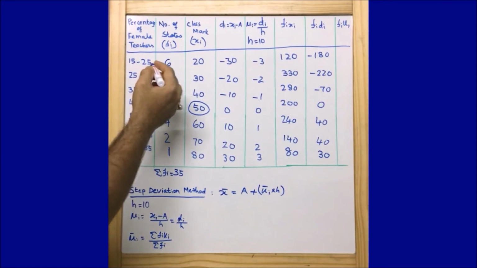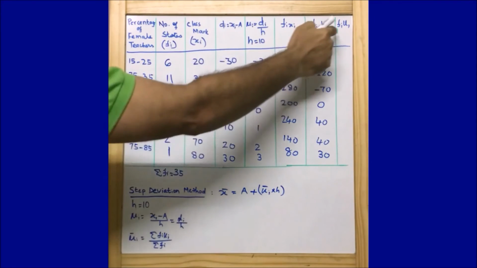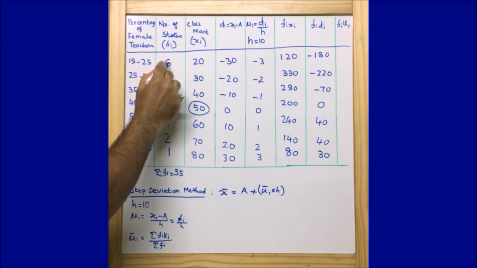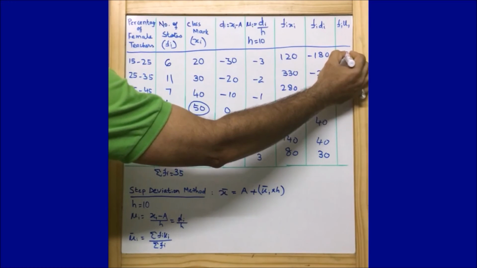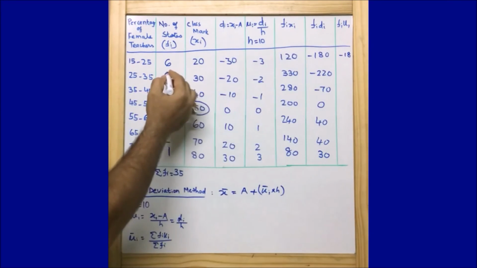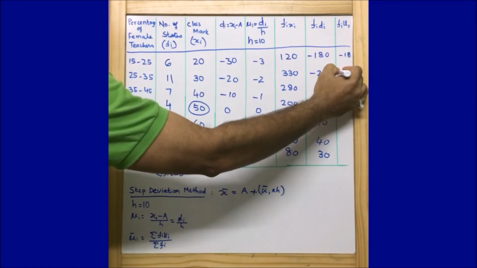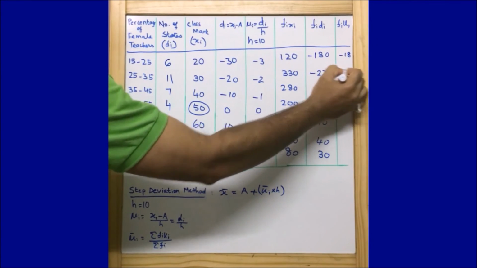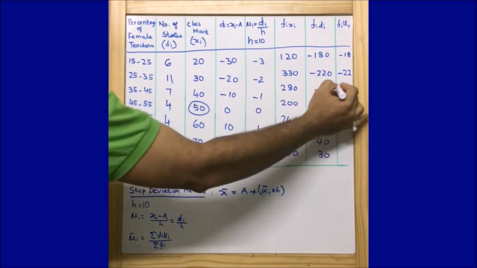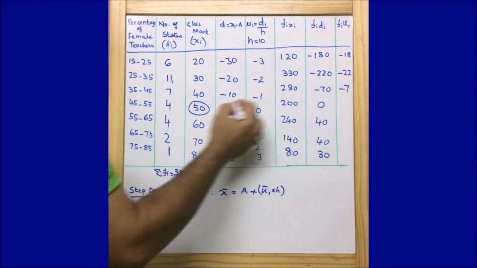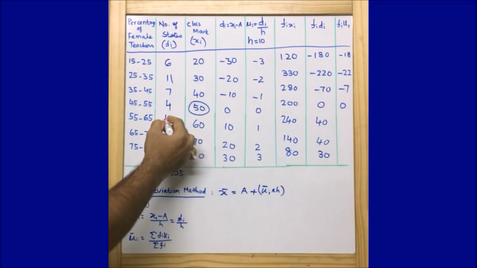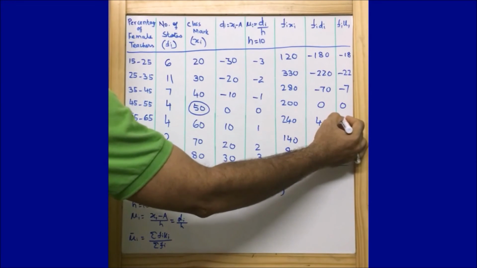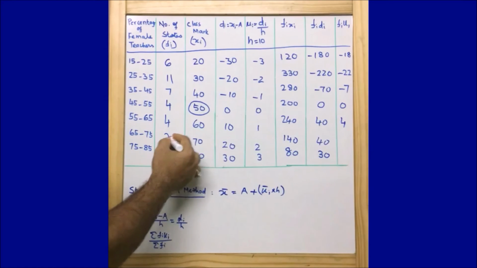Now let us multiply f and ui to get fi ui. So here f, for example, our first is 6 into minus 3, which is minus 18. 11 into minus 2 is minus 22. 7 into minus 1 is minus 7. 4 zeros are 0. 4 ones are 4. 2 twos are 4.